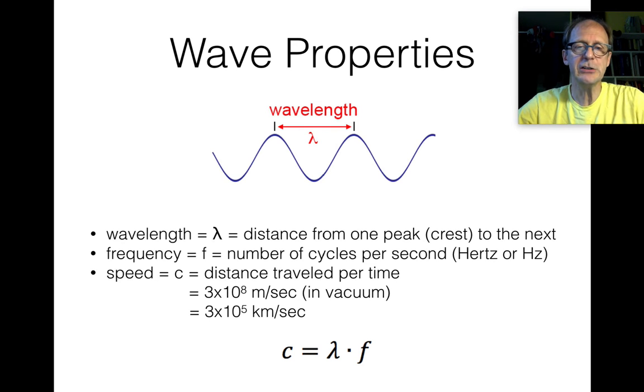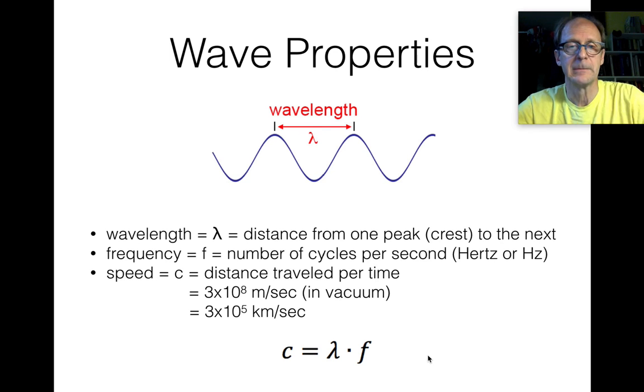And there's a relationship between c, lambda, and f. c is equal to lambda times f. I usually explain that equation, why it is that, by thinking in terms of an analogy with walking or running. So if let's say you're walking and the length of your stride is 2 feet.